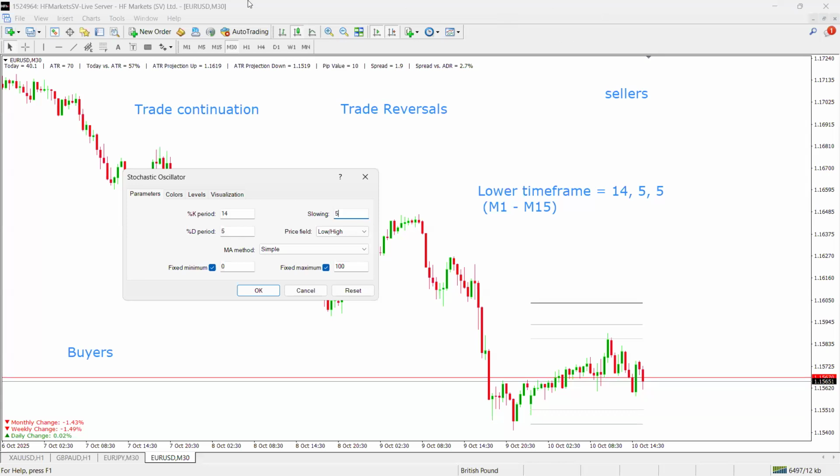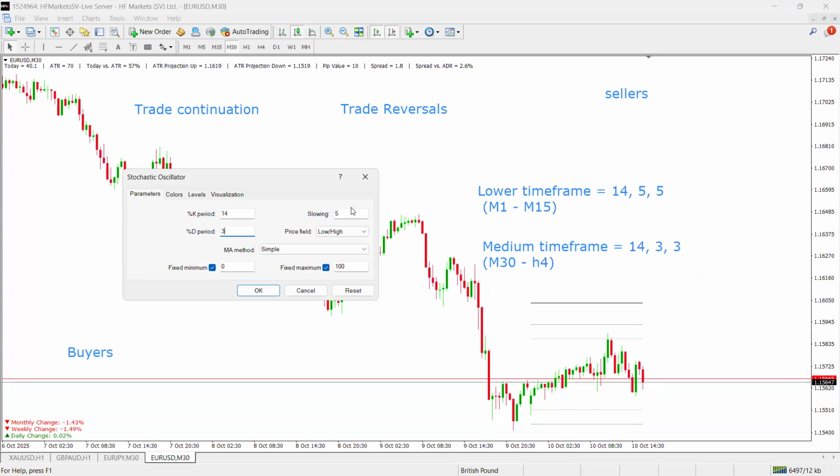If you're going to be staying somewhere around the medium time frame, the middle point, to a certain extent, you want to use either M30 to somewhere around H4, at maximum H4, you need something around 14.3.3, which means this becomes 14, this one is 3, and this is also 3.